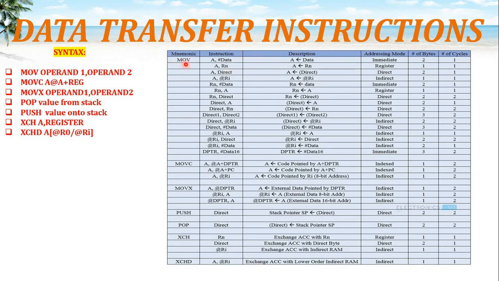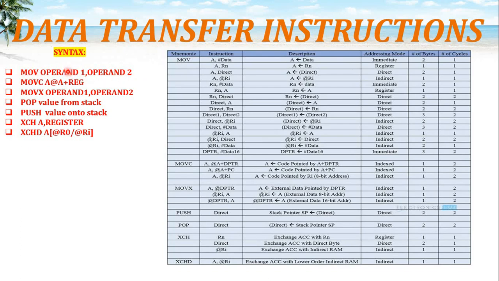The first instruction is MOV A, #data. This is the instruction format, but the move instruction should be like MOV operand 1, operand 2.